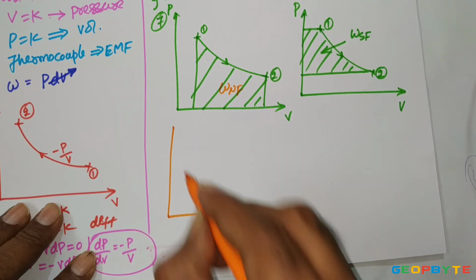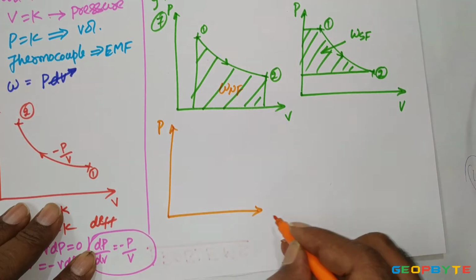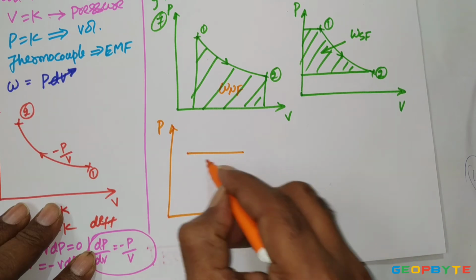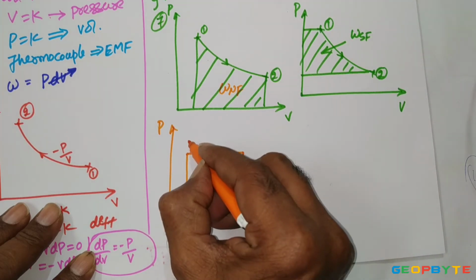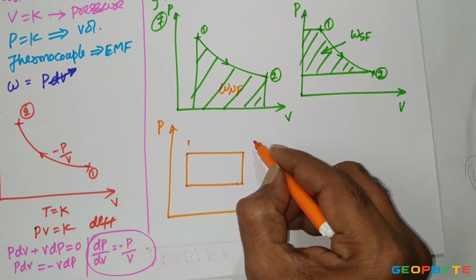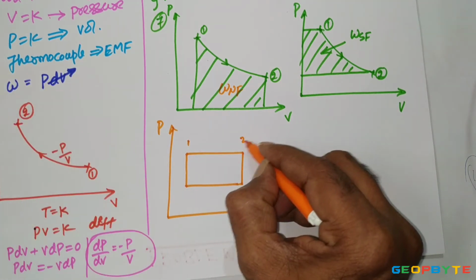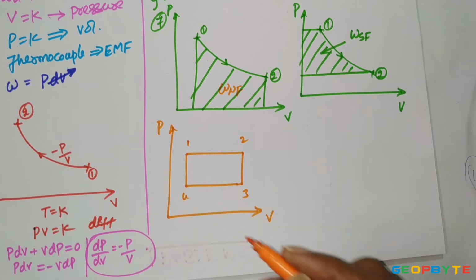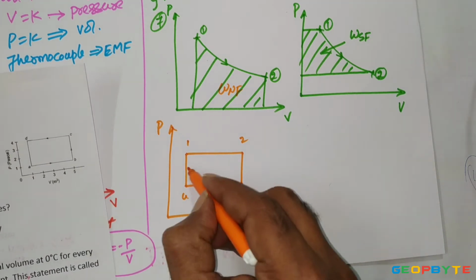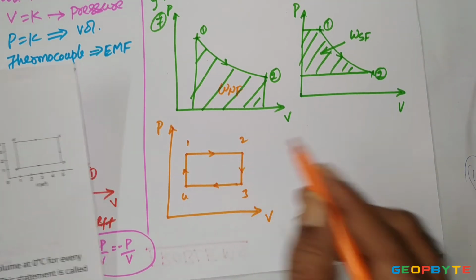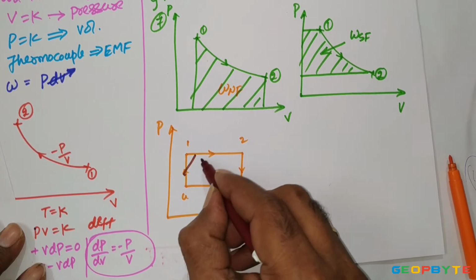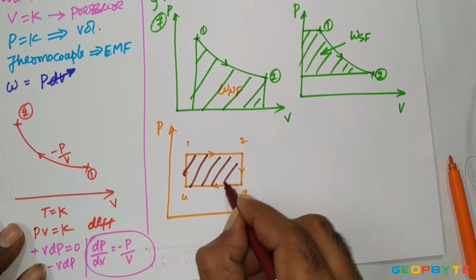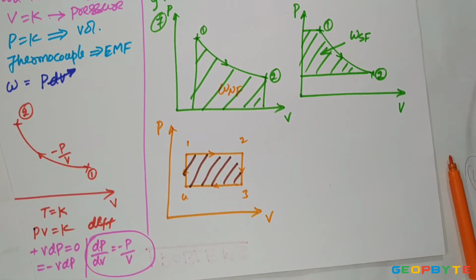If you take the PV diagram of the cycle, it is given like this, something like 1, 2, 3, 4. Remember, for a thermodynamic cycle, the area within the cycle is equal to thermodynamic work.